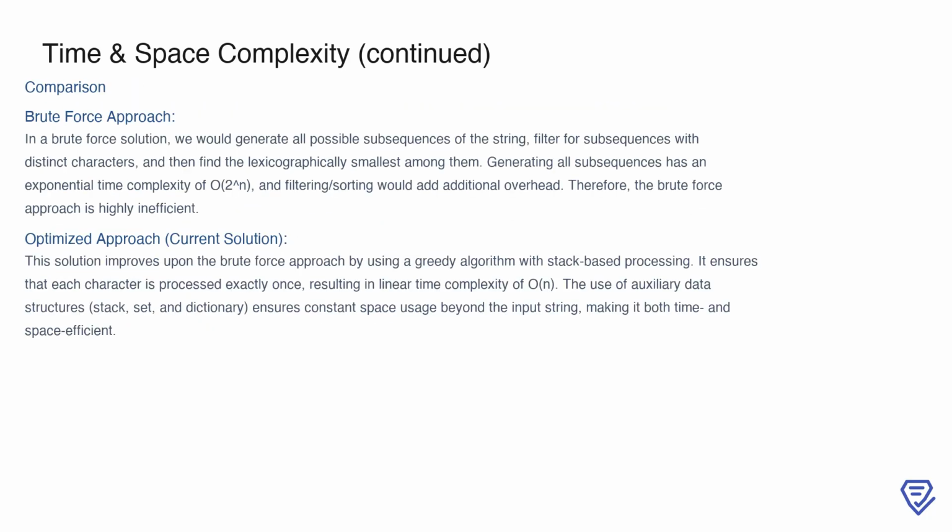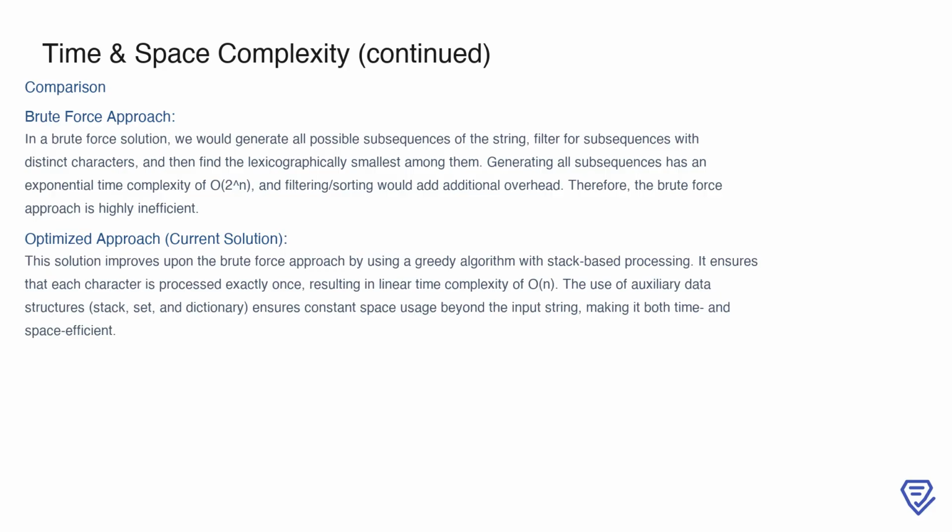To understand why this approach is efficient, compare it to a brute force solution. In a brute force approach, we would generate all possible subsequences of the string, check which ones contain distinct characters, and then determine the lexicographically smallest subsequence. Generating all subsequences has a time complexity of 2 to the power of n, with even more time required for filtering and sorting. This is clearly infeasible for large inputs.